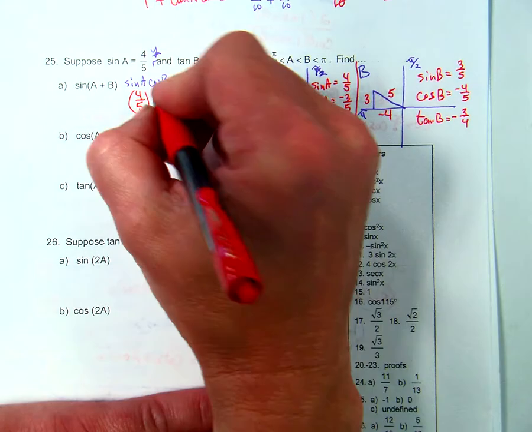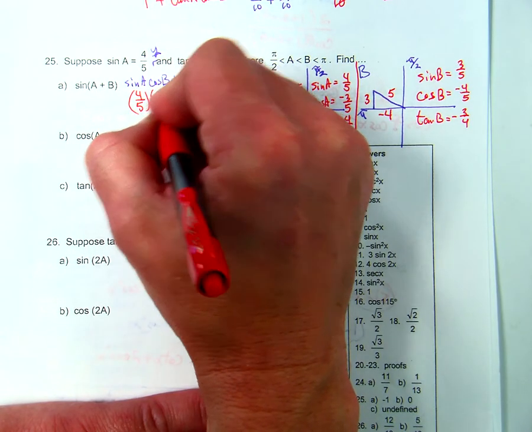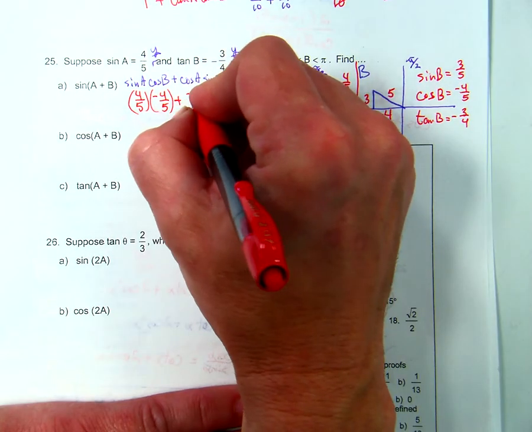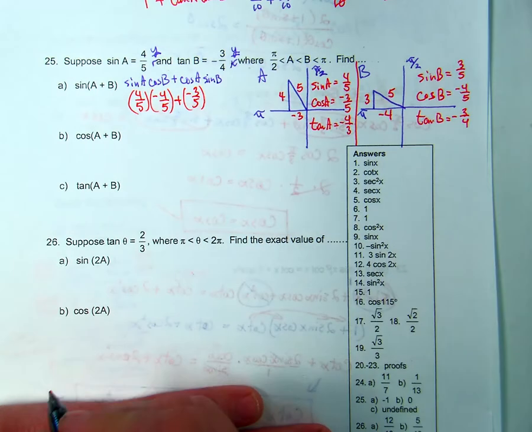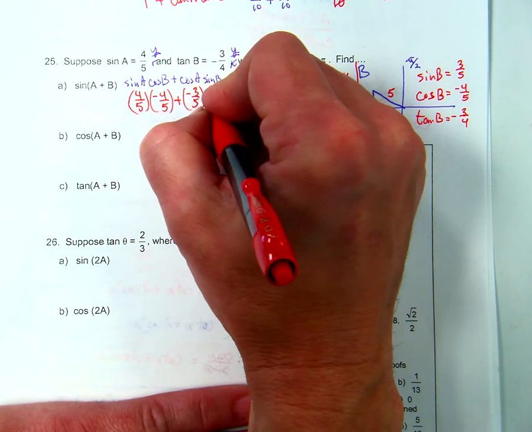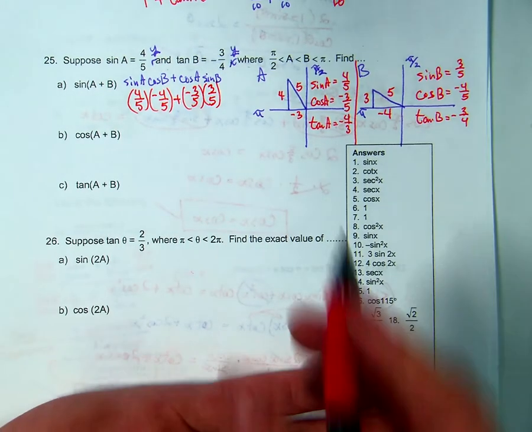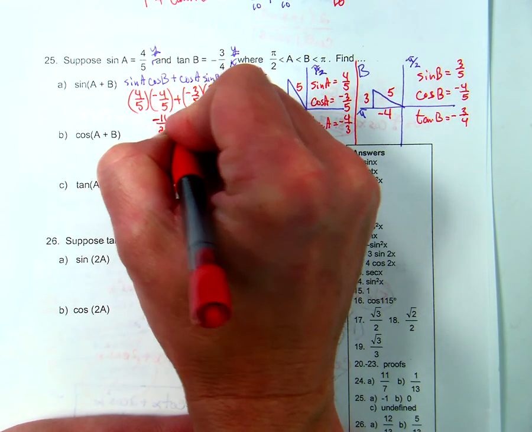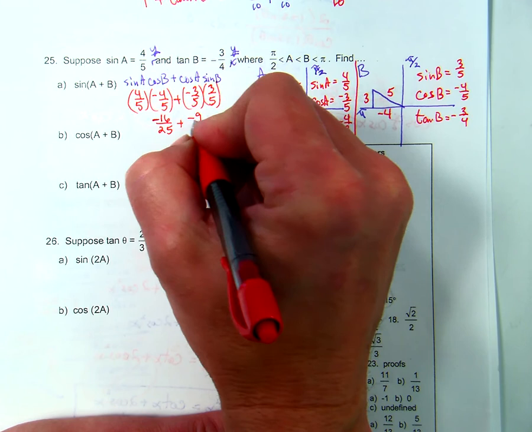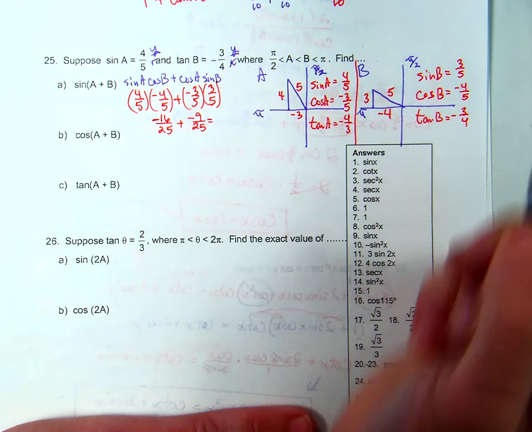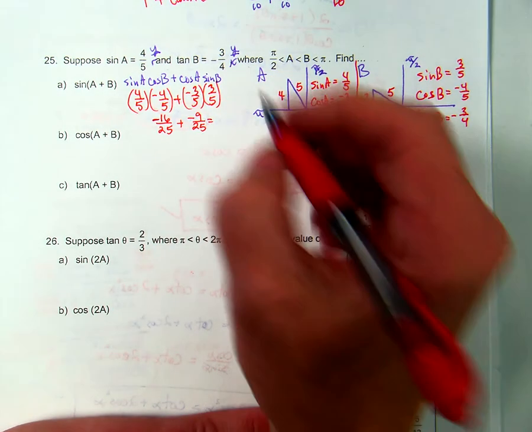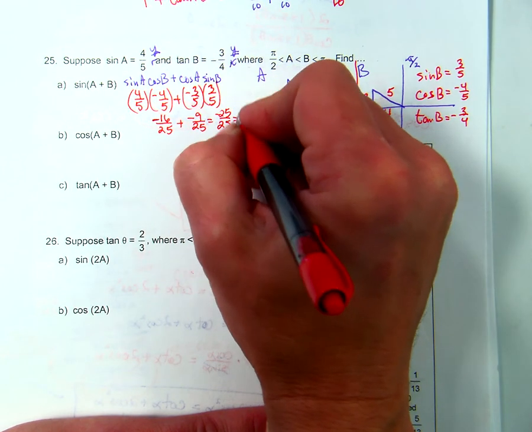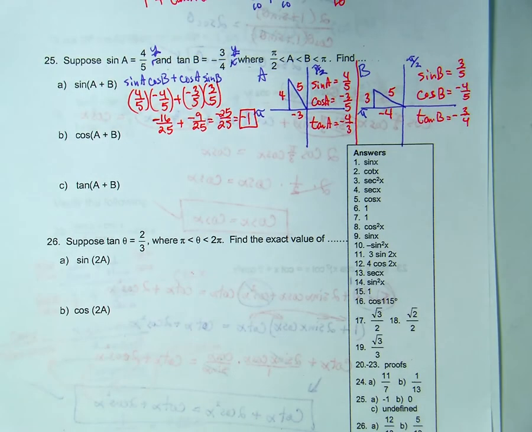Cosine B is negative 4 over 5, plus cosine A, which is going to be a negative 3 over 5. Sine B is a positive 3 over 5. And if we multiply those together, we're going to end up with a negative 16 over 25 plus a negative 9 over 25, which is negative 25 over 25. So it equals a negative 1. That's the answer to A.